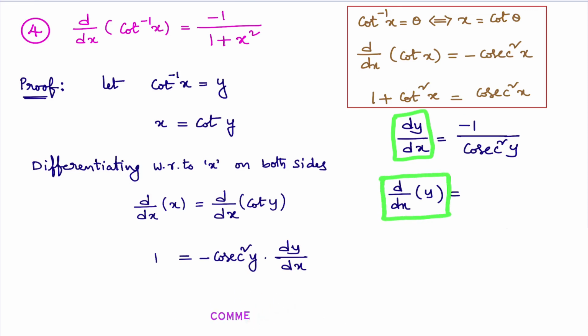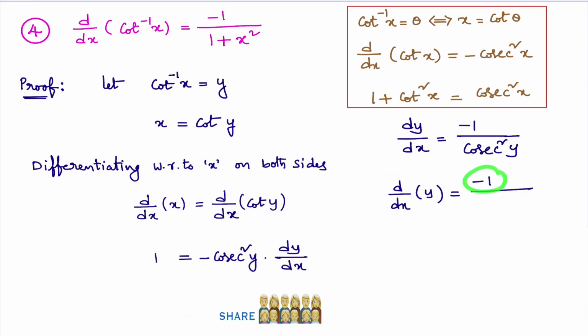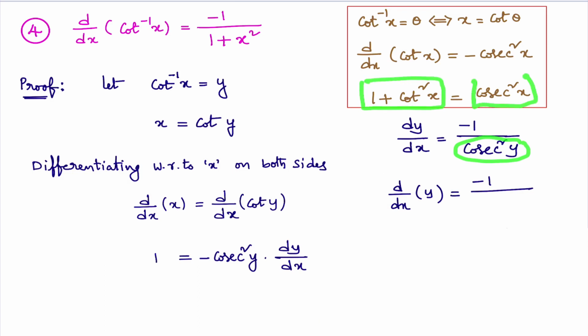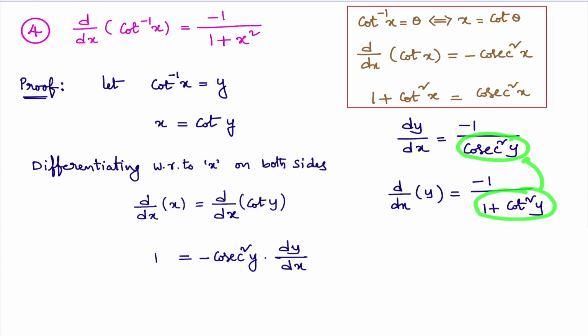That is what I wrote here. Minus 1 as it is from the above step. For this cosecant square y, you see the formula 1 plus cot square x is cosecant square x. So cosecant square x can be written as 1 plus cot square x. So in place of cosecant square y, I can write 1 plus cot square y. This is the trigonometric identity formula, which we learned in trigonometry.